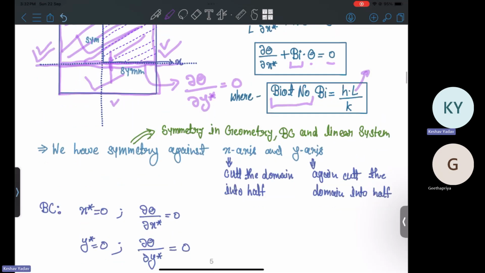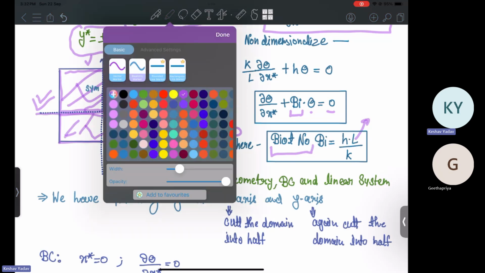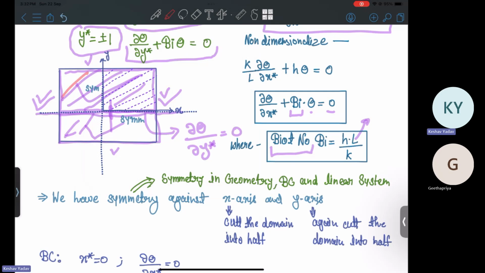Similarly, in the x direction there is symmetry, so this part can be neglected. Similarly, we have neglected this part. So what remains here is 1/4 of the actual dimension.